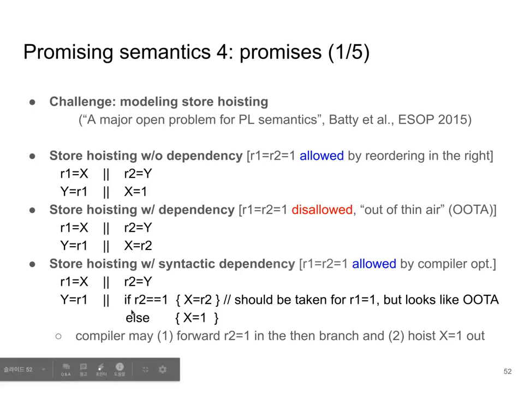Regardless of R2 equals 1, x equals 1 can be put out of this branch. The read of R2 may be executed right after reading from y, before going into the if-then-else. And then the if-then-else can be removed because there are no instructions inside it.